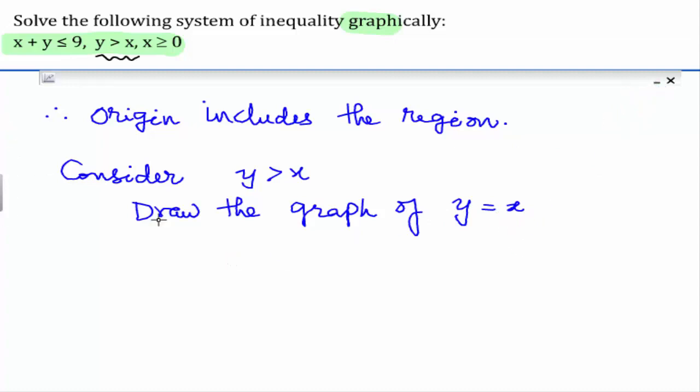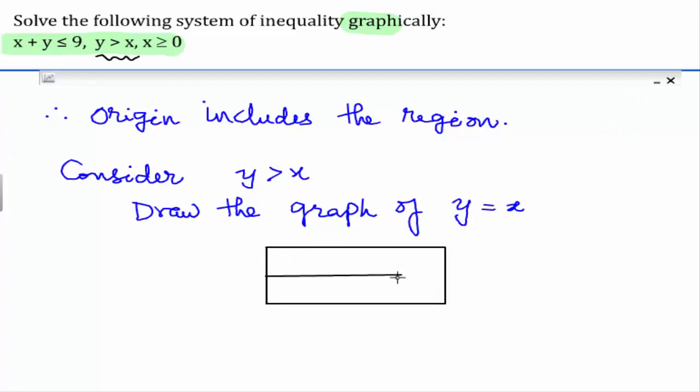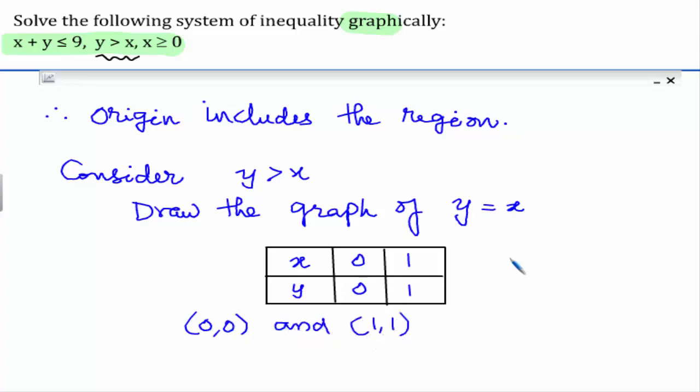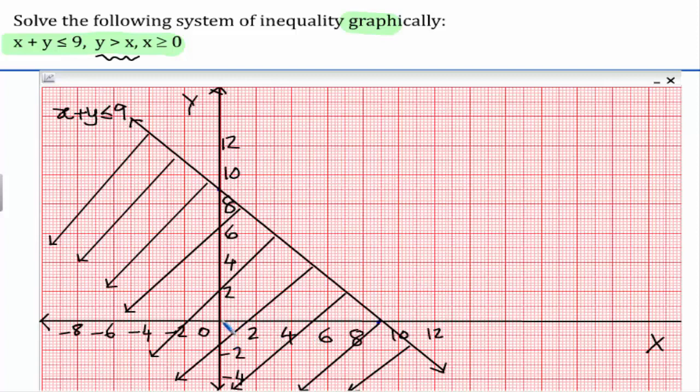So if we select the ordered pairs, if x is 0, y will be 0. If x is 1, y is also 1. So the ordered pairs would be (0, 0) and (1, 1). So this is the origin, and (1, 1) will be here.